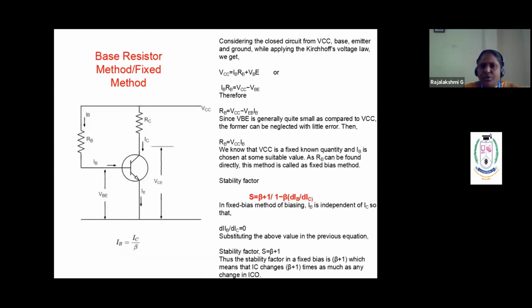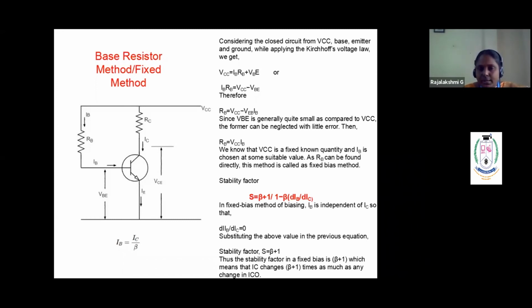Next is how to find the stability factor. Once you have the value of IC, you can find the stability factor. S is equal to (beta plus 1) divided by (1 minus beta into dIB by dIC). Beta is IC by IB.